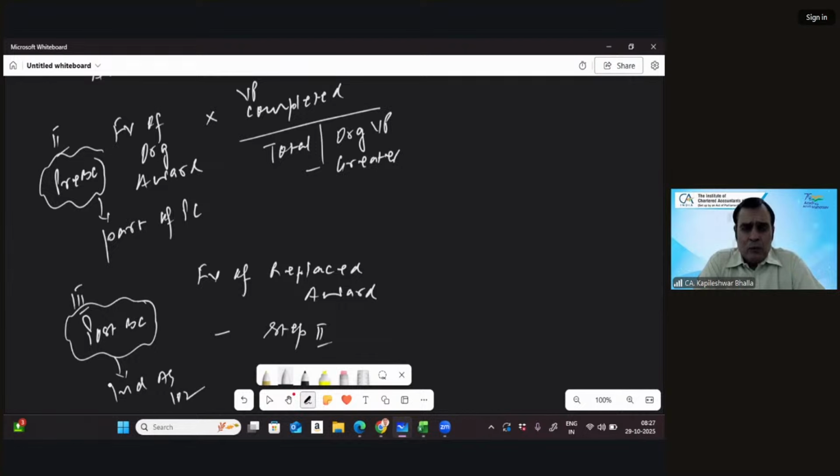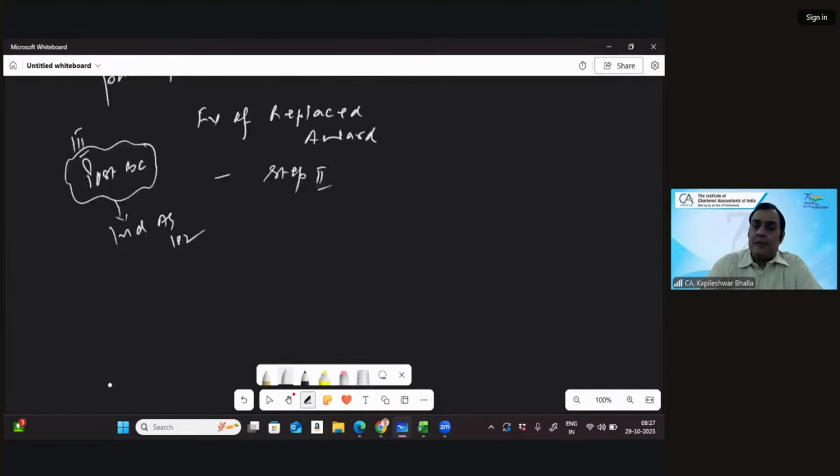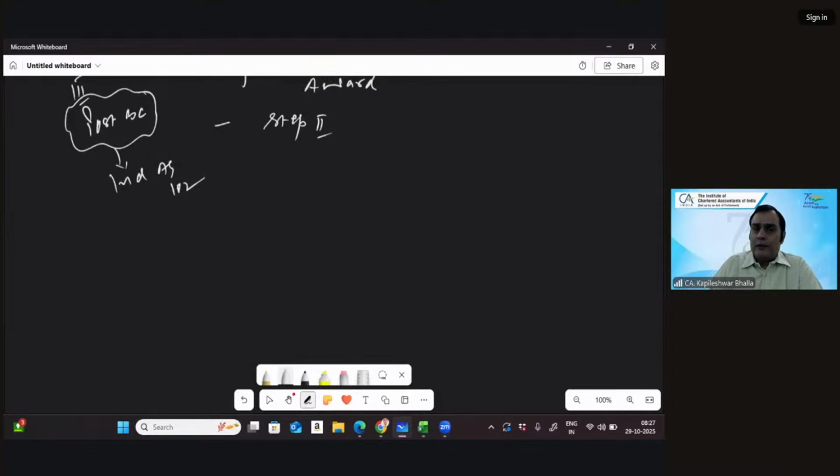Okay, now another crucial input which I would like to map in this mind map itself is, when you take this as a part of the PC, the extra entry which you need to pass is the PC gets a debit, and you need to give a credit to SBP reserve.